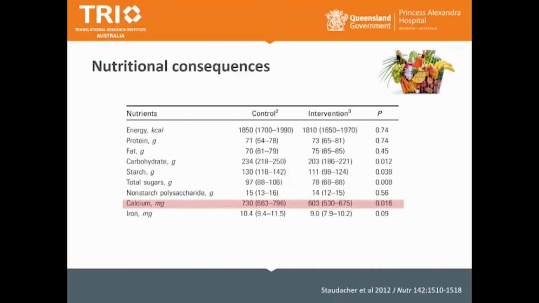Starch and sugar intake also changes, which again, we're not too concerned about. Fibre intake, using non-starch polysaccharides here, was no different. So people can remove these fermentable carbohydrates but still maintain their overall fibre intake. But one thing that we did note was that calcium intake was lower in the low FODMAP group. So they were advised to choose low lactose, high calcium products, but they still didn't quite do as well as the habitual diet group.